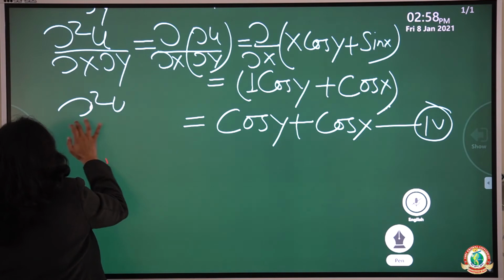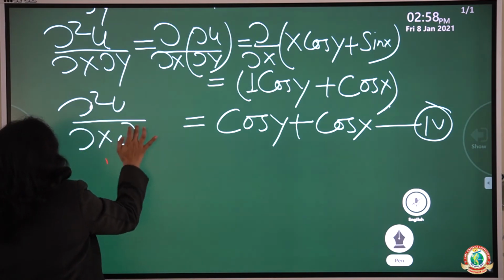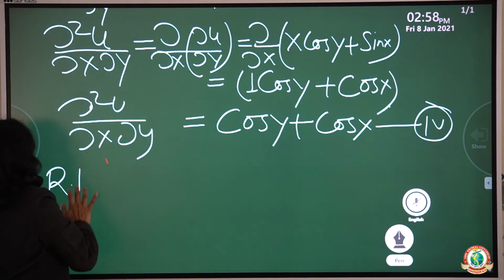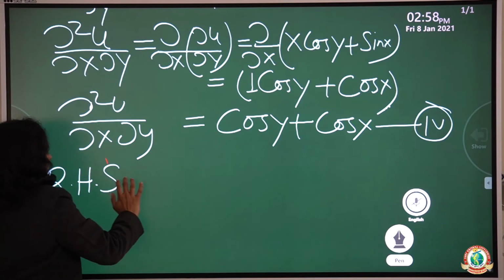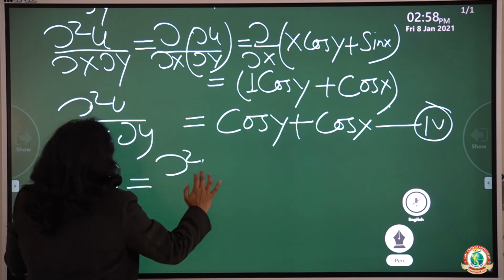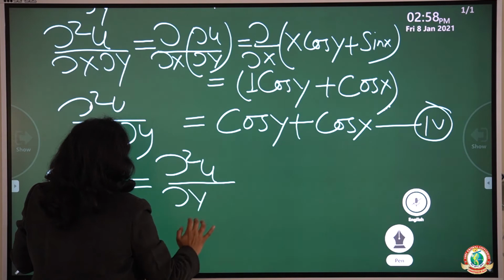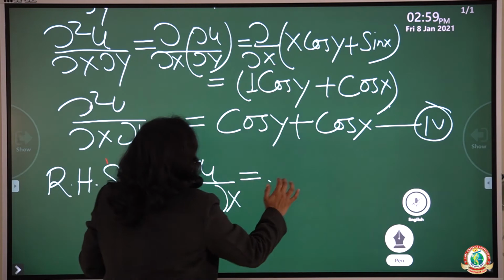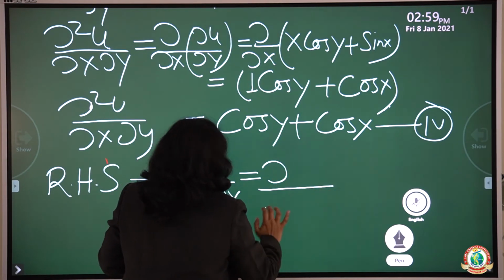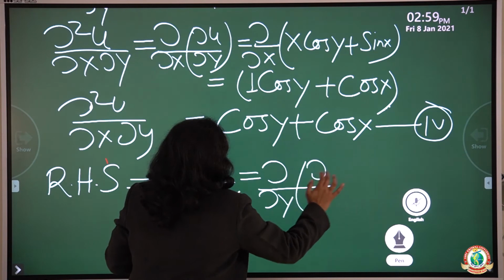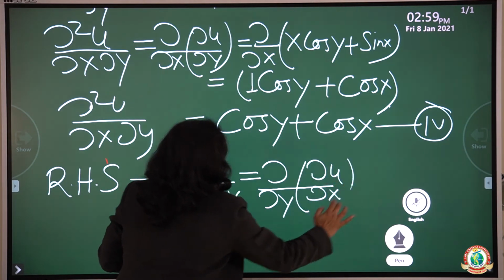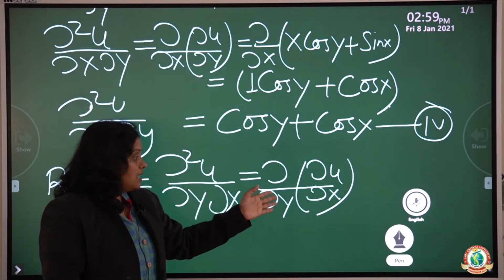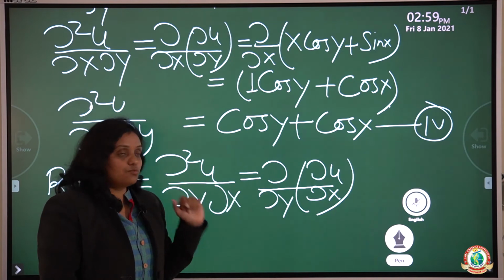Del 2u by del x del y. Now according to the question we can take the right hand side, meaning del 2u by del y del x, which is equal to del by del y of del u by del x. It means we put the value of del u by del x in this equation and differentiate this value with respect to y.